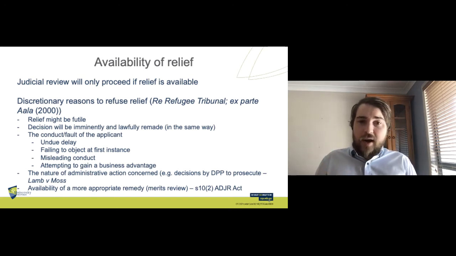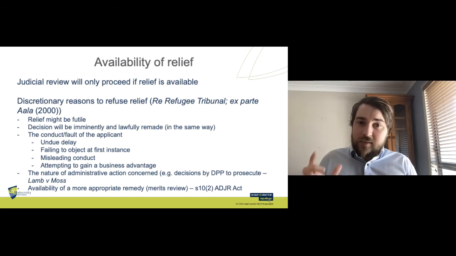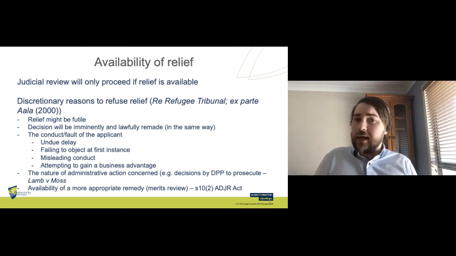And lastly, where a more appropriate remedy is available, the courts may refuse to give relief. I guess the best example of that is where merits review is available. Because merits review is more comprehensive, because the tribunal, as we've talked about in this unit, can stand in the place of the decision maker and make the decision itself, then that's a better outcome if it's available to you.